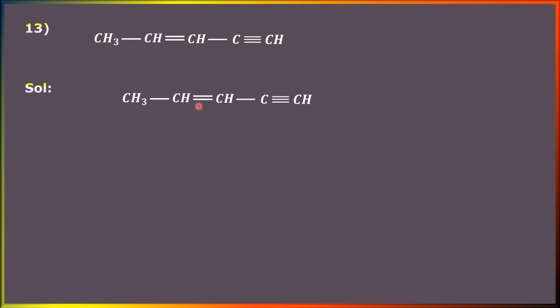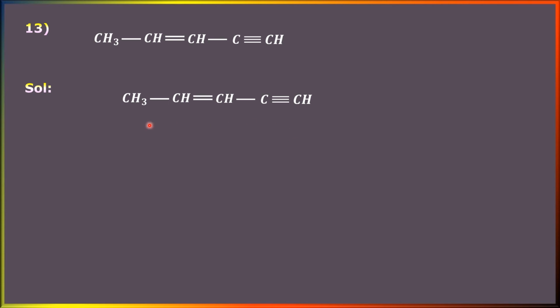Next, problem number 13. Solution. In this compound, one double bond is there and one triple bond is there. When multiple bonds are present in a compound without functional groups, we have to number the parent chain in such a way that the carbon atoms bearing the multiple bonds get the lowest numbers possible. So I will number the parent chain from left to right and from right to left also.